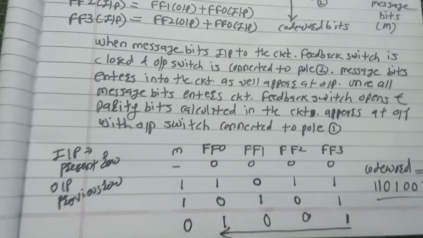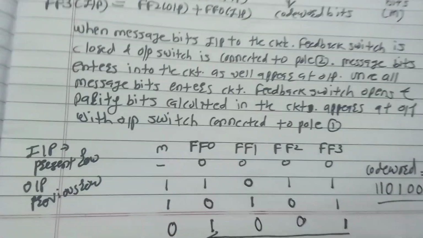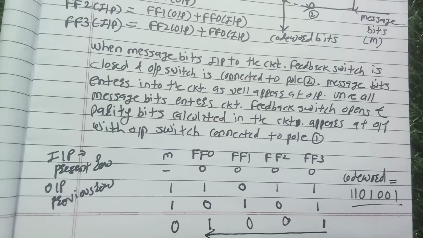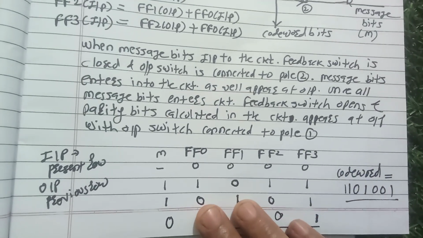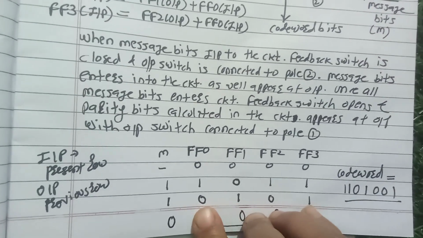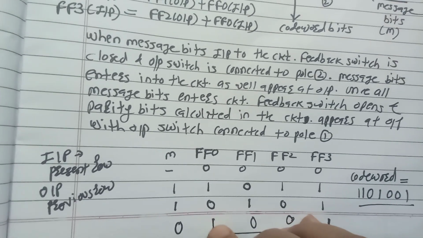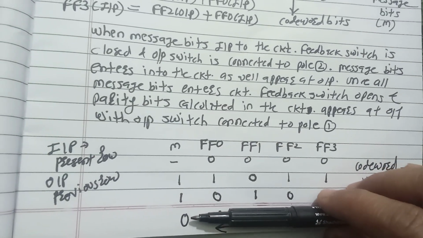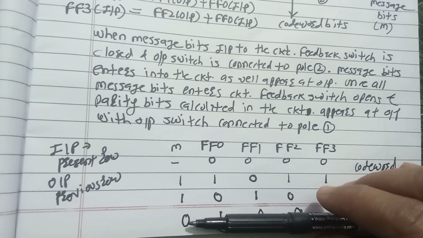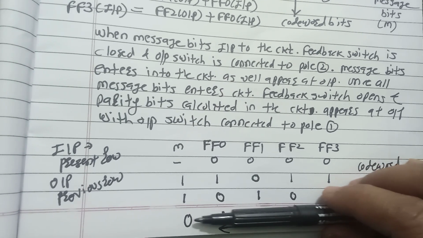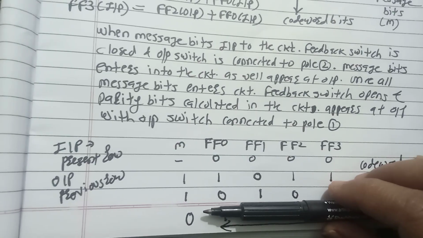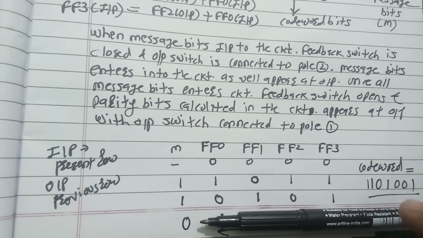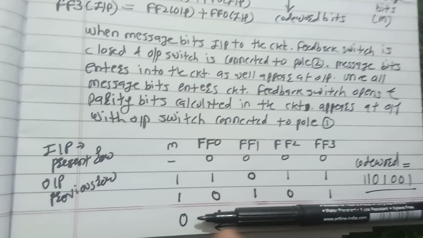So now you have understood the equations or operations. Let us calculate for this row. You have calculated up to this much, so you have to calculate this row.